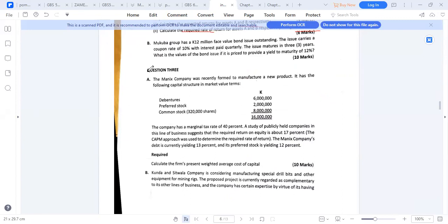The weights come from the monetary value of the components in the capital structure. So we can get down to this so that we see what is going on here.